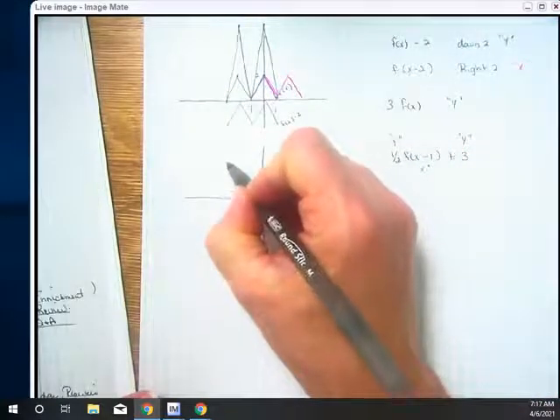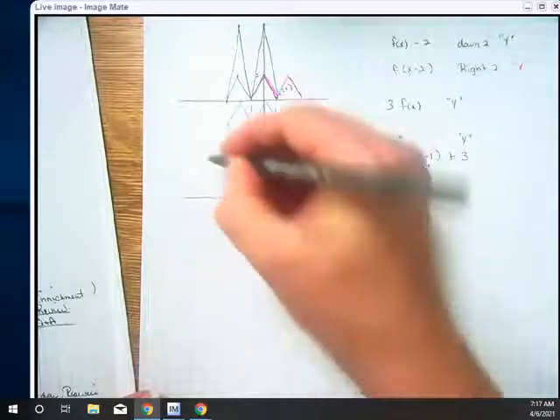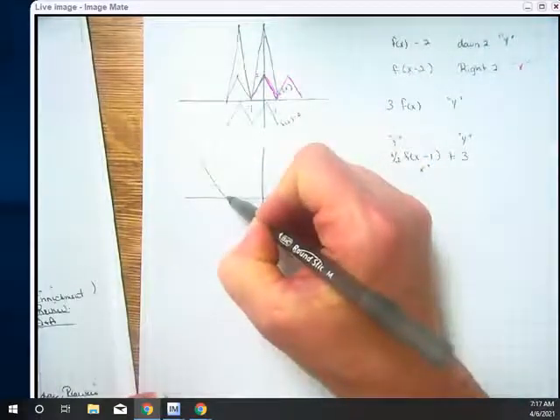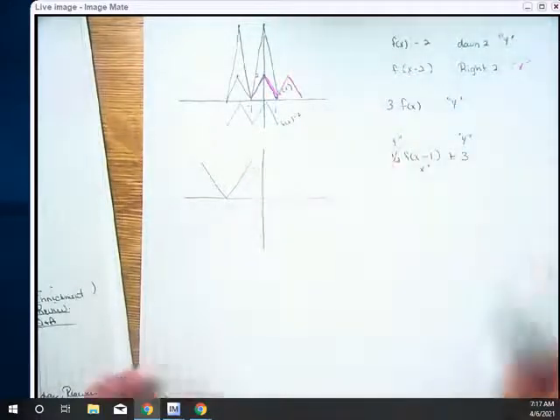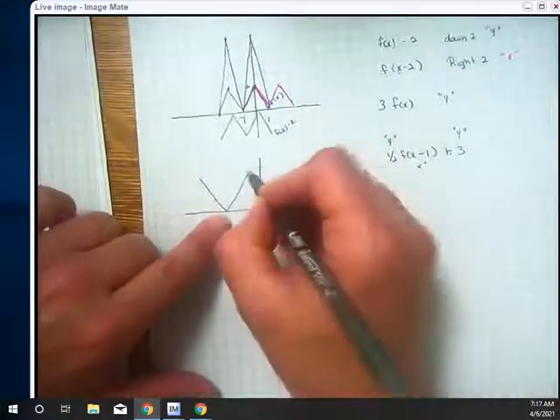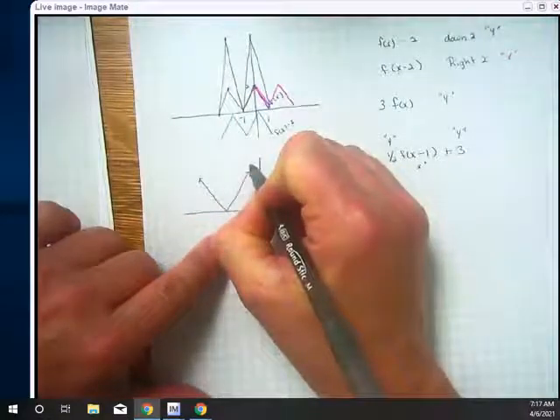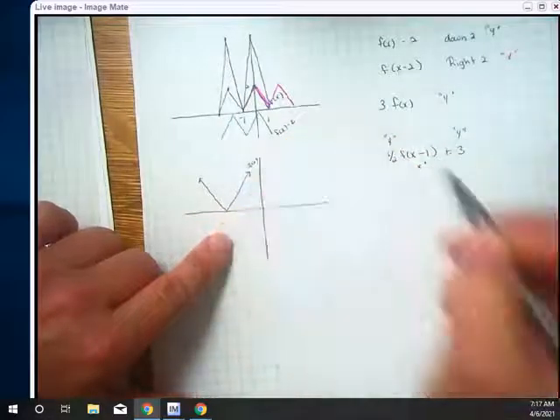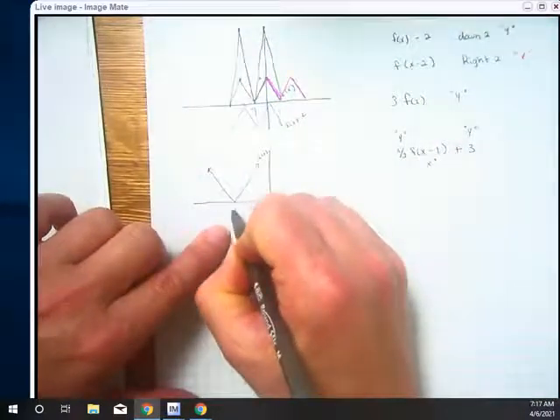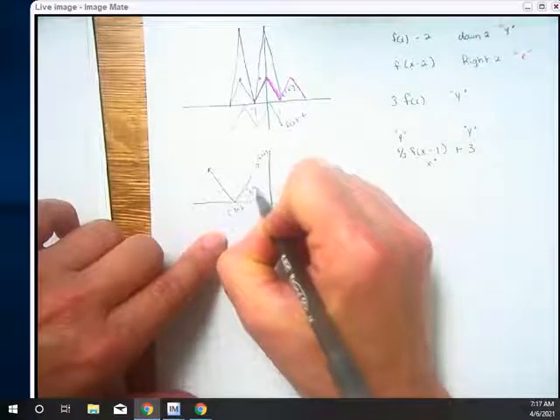Let's say I have the absolute value function, and this is going to be my original V shape. I know I have some nice little points in here.